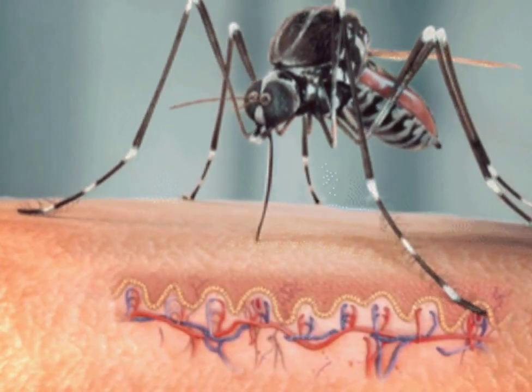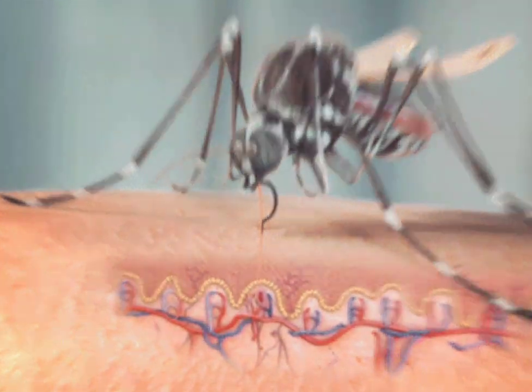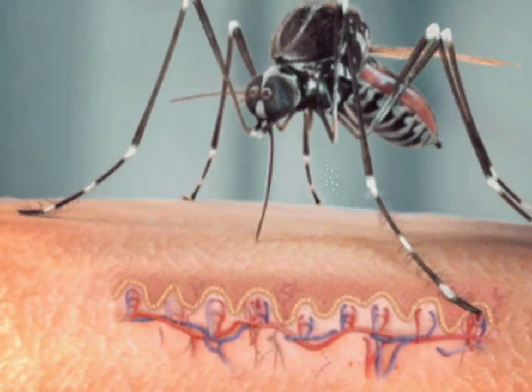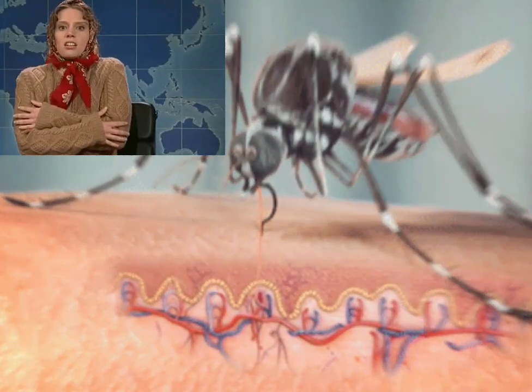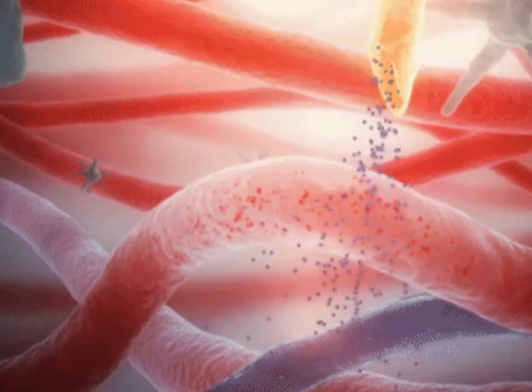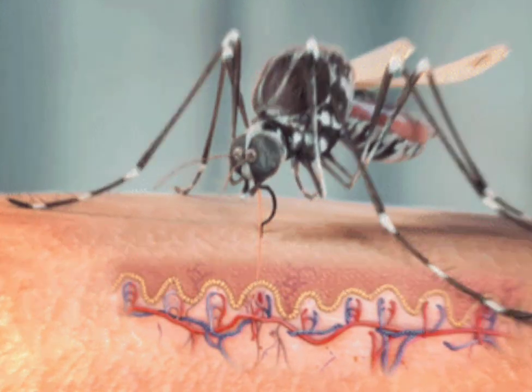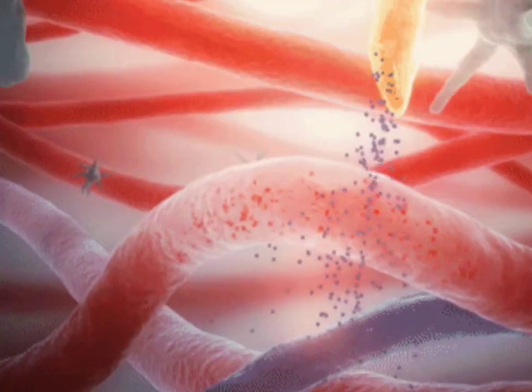The classical symptom of malaria is cyclic occurrence of high fever followed by sweating and sudden shivering. Such an entire episode lasts for 4 to 6 hours and recurs every 2 days or 3 days.